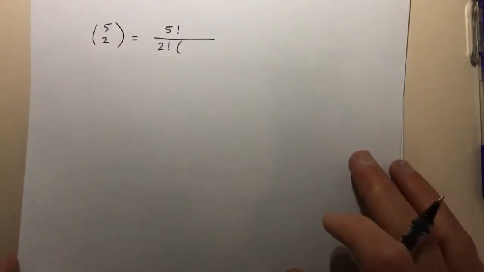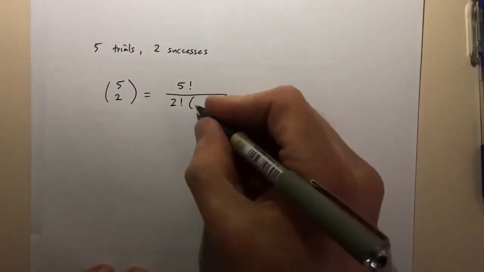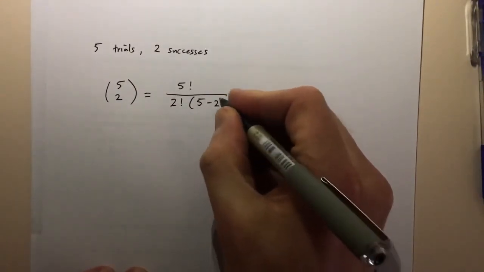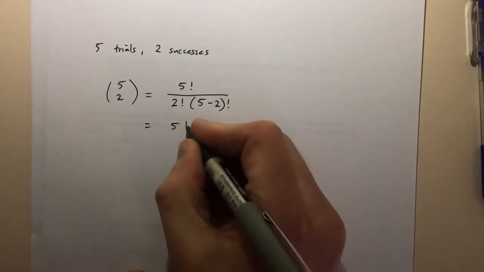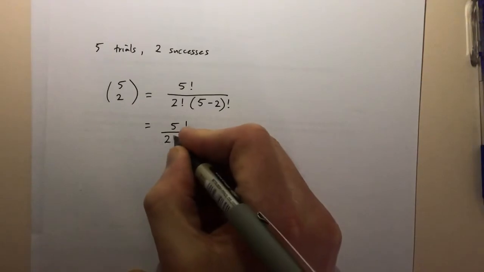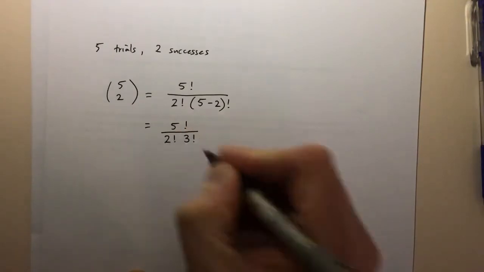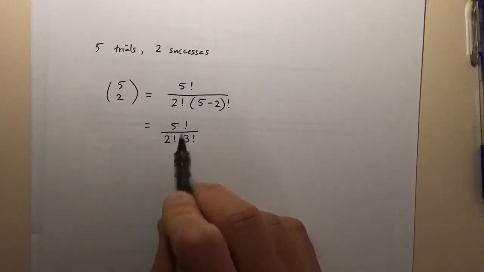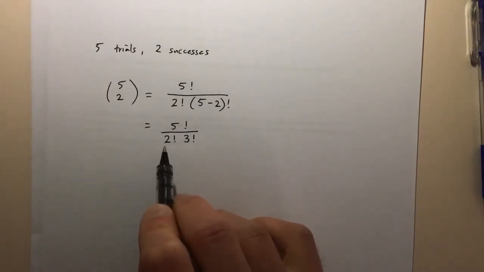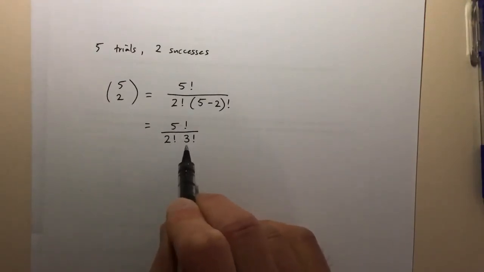In this example, this would just be 5 minus 2 factorial, okay? So that would be 5 factorial over 2 factorial times 3 factorial. So you can see that on top you have the number of trials as a factorial. On the bottom, you've got the number of successes as a factorial times the number of non-successes as a factorial.